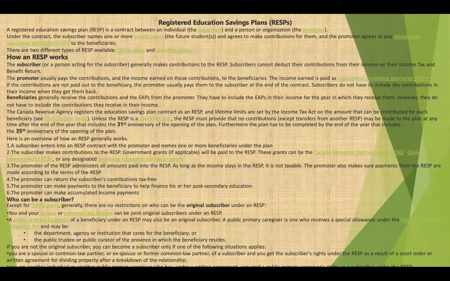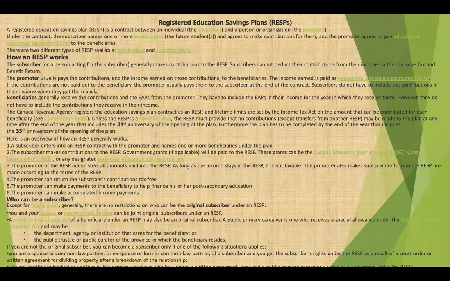As long as the income stays in the RESP, it is not taxable. Then the promoter can return the subscriber contribution tax-free, and the promoter can make payments to the beneficiary to help finance his or her post-secondary education, and the promoter can make accumulated income payments.